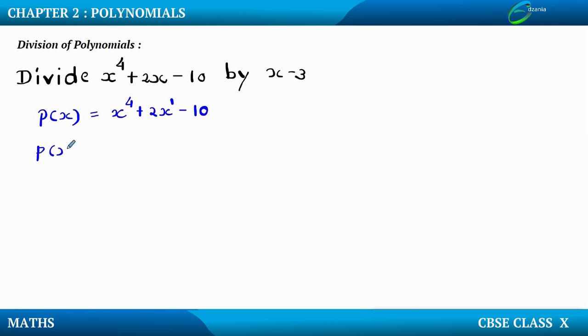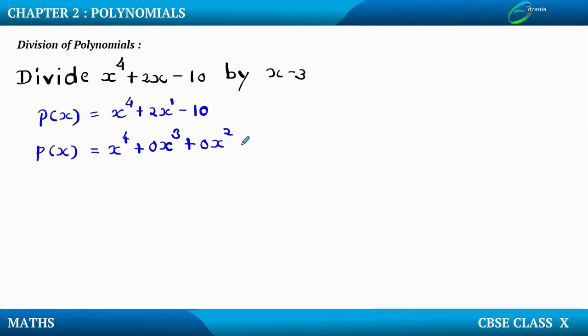if you do this step, it will be easy for you to do the division. So p of x can be further written as x raised to 4 plus, there is no x cube term, so I am writing down 0x cube. So I can say 0x cube because there was no cube term. Again there is no square term, so again I am writing down 0x square.